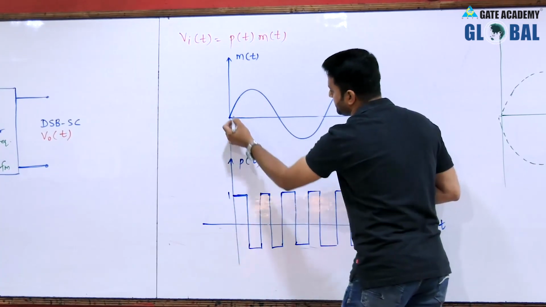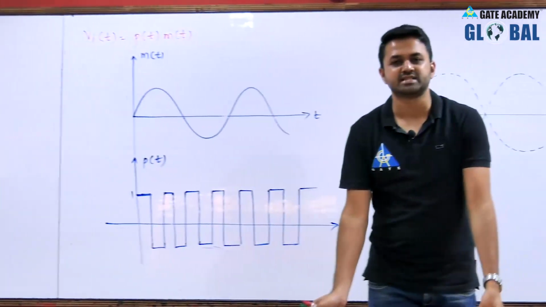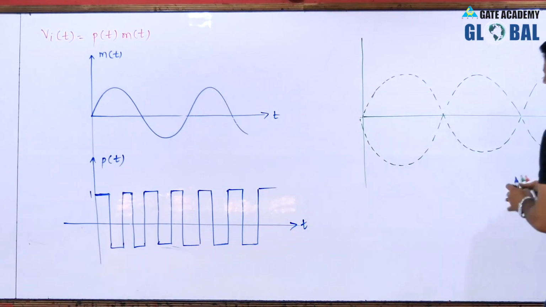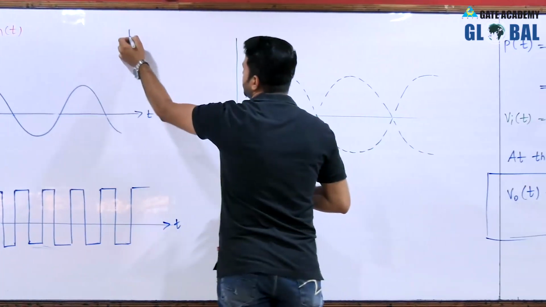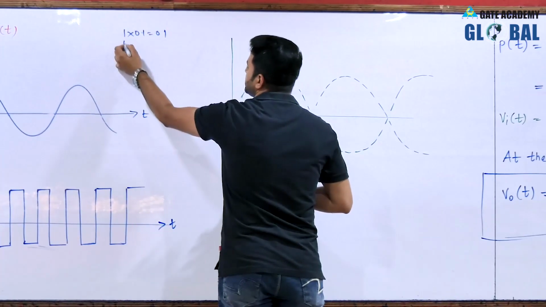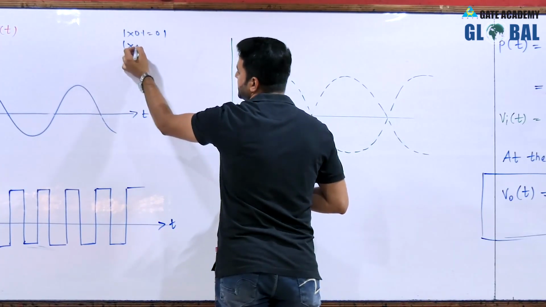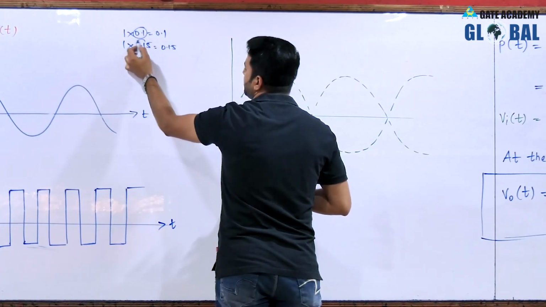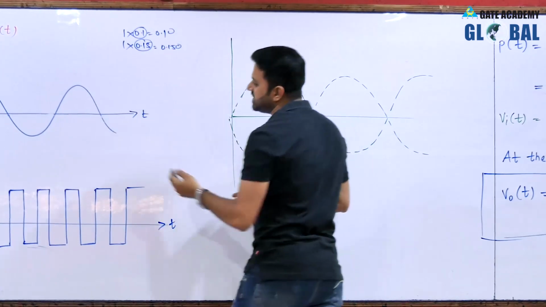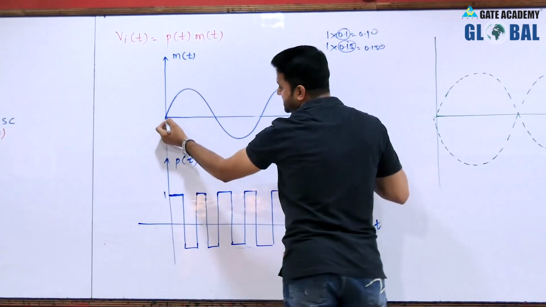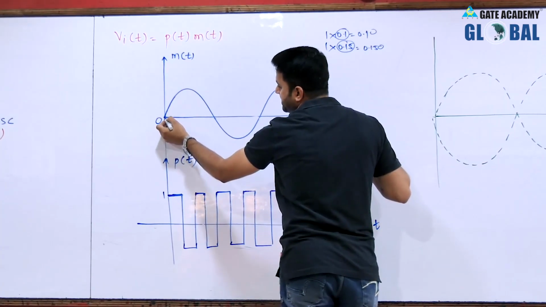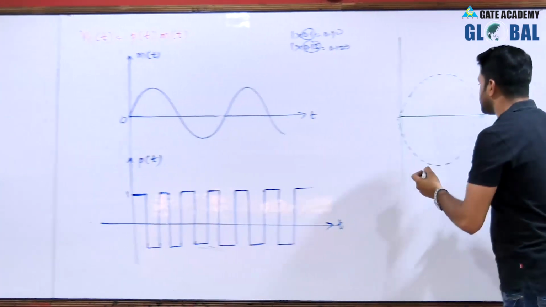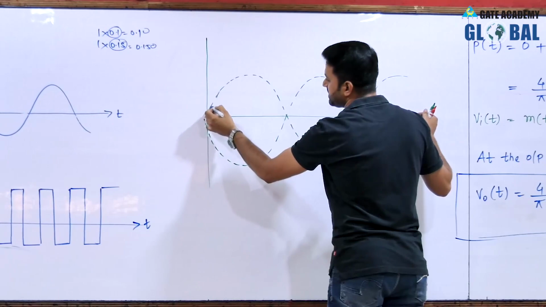So this plus 1 is multiplied with this, because the constant term is multiplied with the variable signal, so we will get the variable signal. Suppose you multiply 1 with 0.1, you will get 0.1. The other input is constant, so we multiply with 0.15, we get 0.15. So whatever will be the value of the variable signal, you will get that signal at the output. So here this is variable because it starts from 0 and then varies through 0.1, 0.15 and reaches the peak value. Similarly we get the output in the same way.